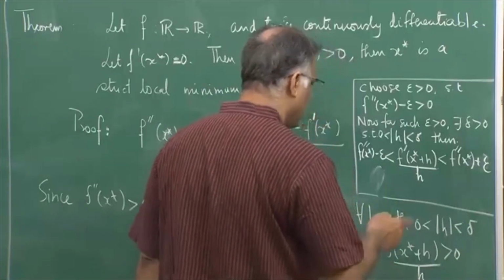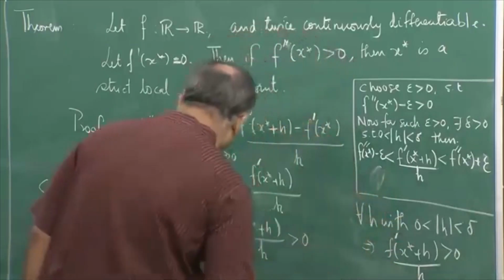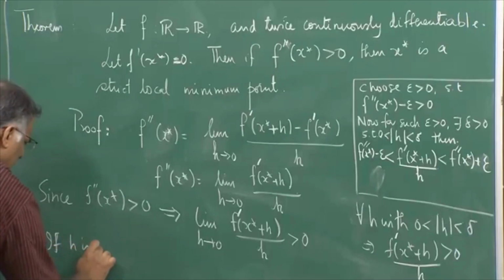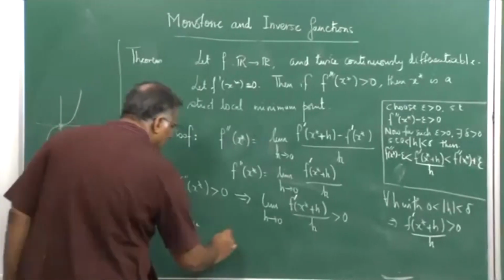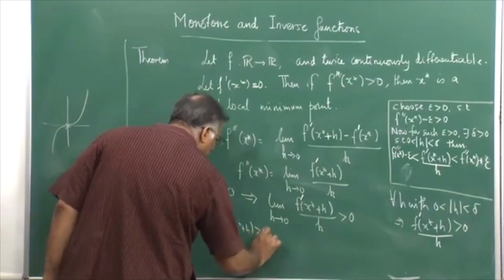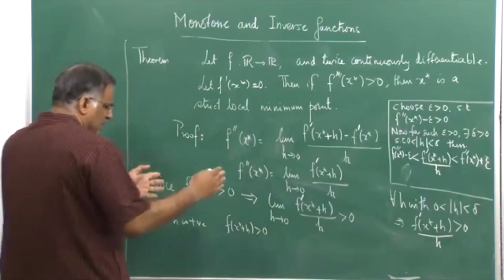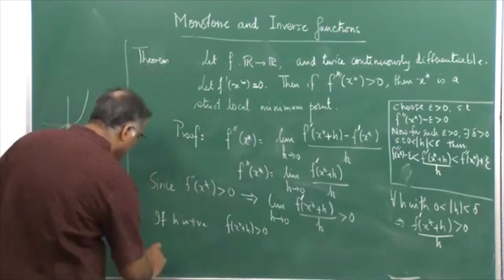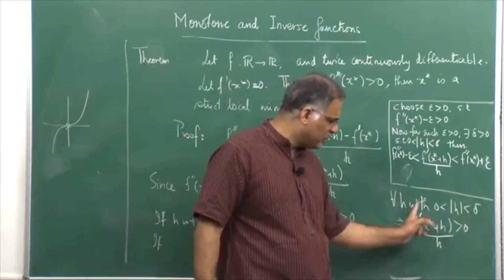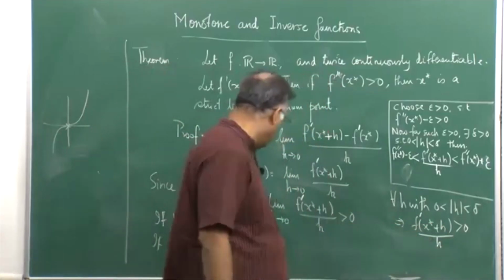If h is positive, what do I have? I will have f'(x* + h) strictly greater than 0 whenever h is less than delta. But if h is negative, I will multiply both sides by h because I want to cancel this h. I just want information about f'(x* + h).